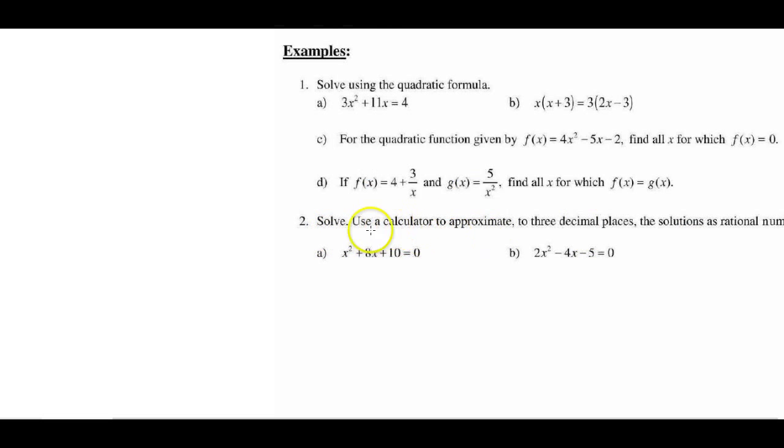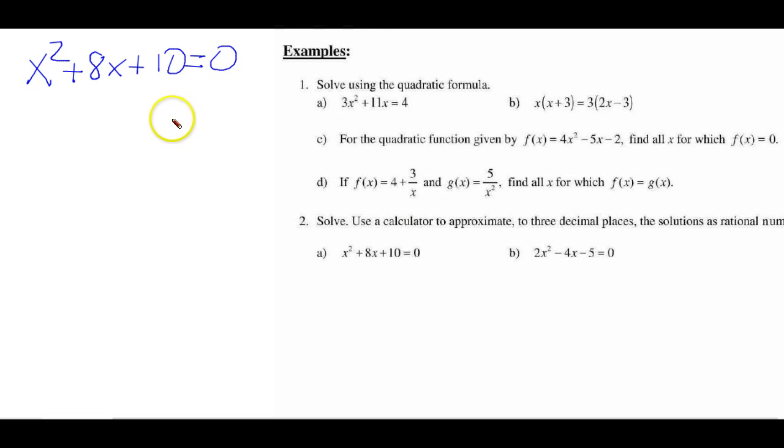Going on to 2A, Example 2. Now here they're saying use a calculator to approximate to 3 decimal places, and the solutions are irrational numbers.